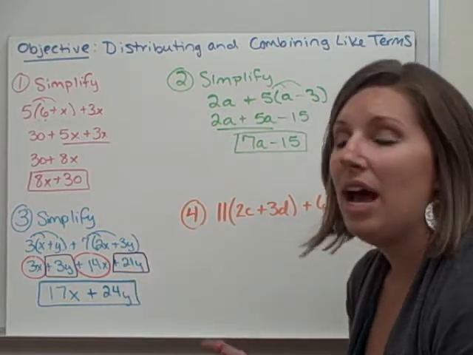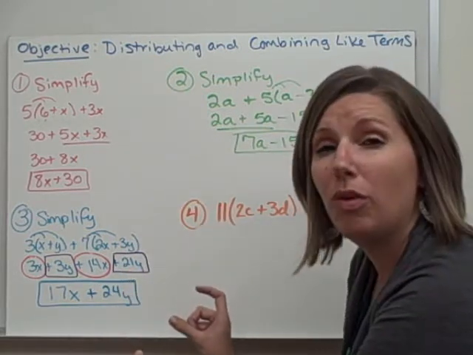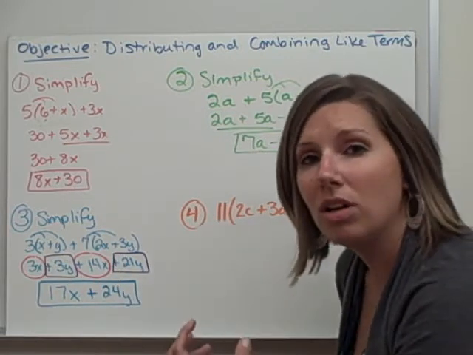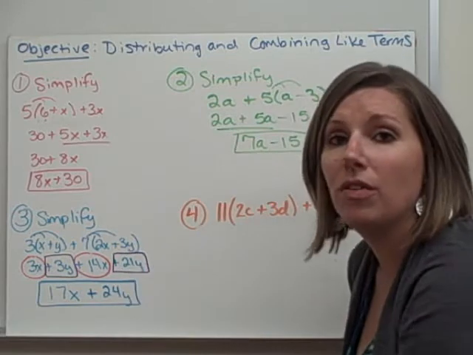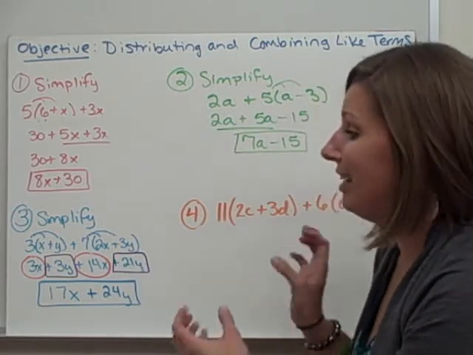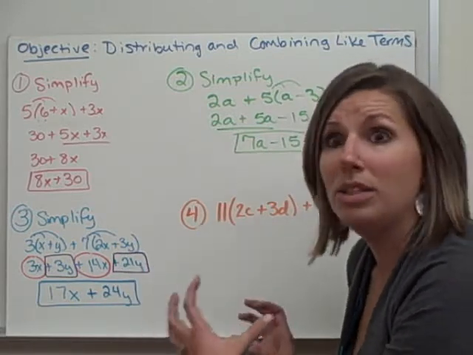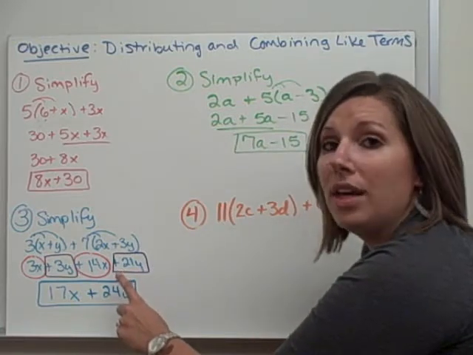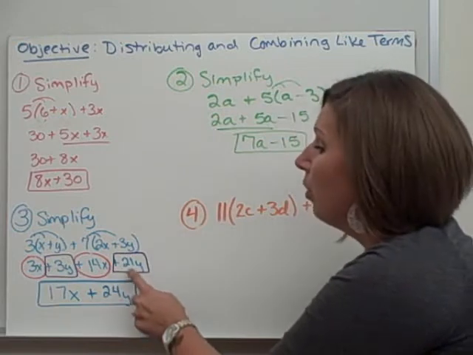And it's important to have two different colors, remember from before, where we can circle the like terms in a certain color and maybe use squares for the other like terms so that we can identify what to put together. We always box in or circle the operation symbol that comes before the term.